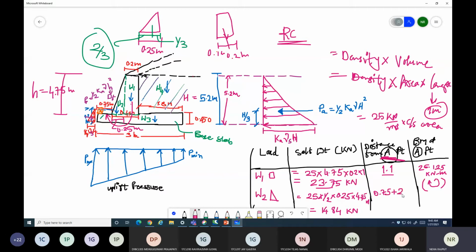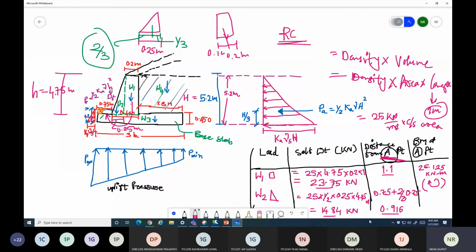plus 2/3 of 0.25, 2/3 of 0.25. So 0.27. 0.75 plus this, so 0.916. So this is my distance, and this is my load.